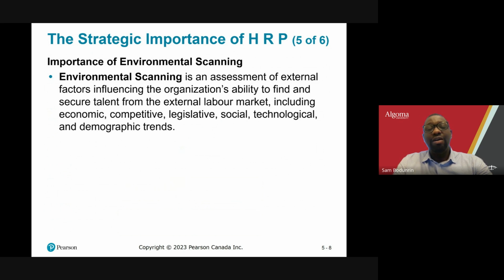These are factors that affect organizations and we don't have control over them. So it is important for HR to identify these factors and prepare ahead for them.